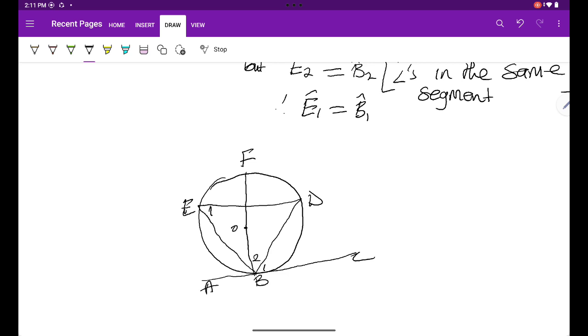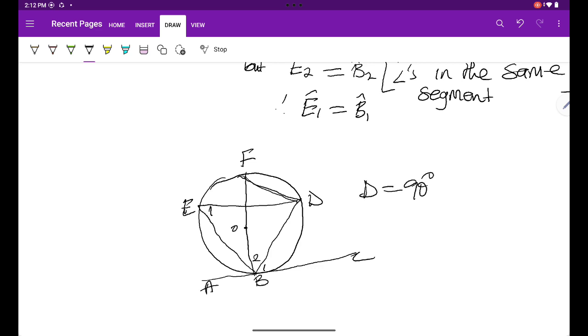And now we don't want to construct EF. We don't want to join F to E, but we want to join F to D. So now let's join F to D. Right. So if we join F to D, our first statement will be angle D equals 90 degrees.